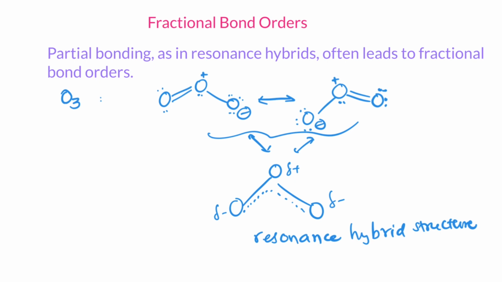So how do we calculate the fractional bond order, or simply bond order, for this resonance structure?